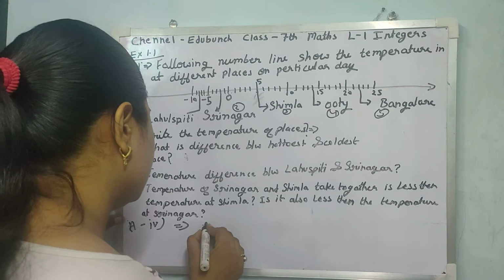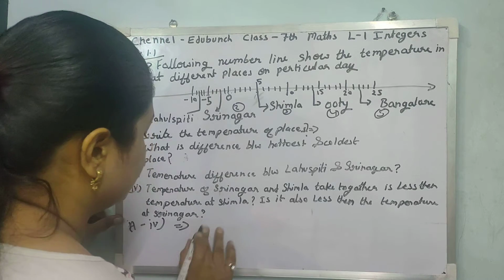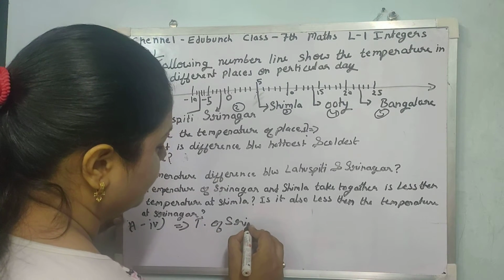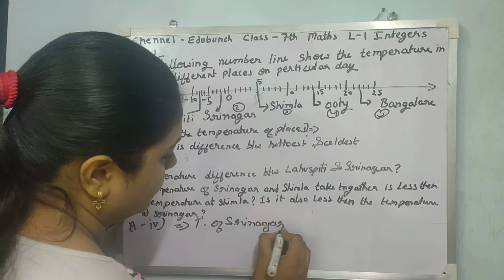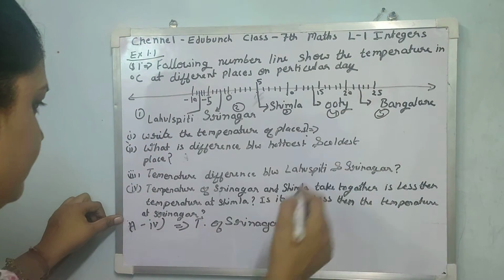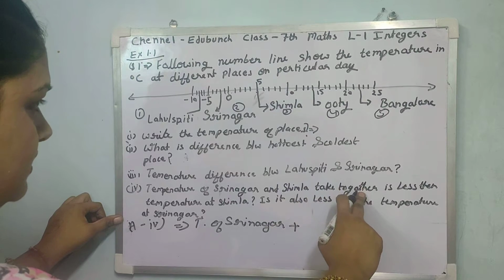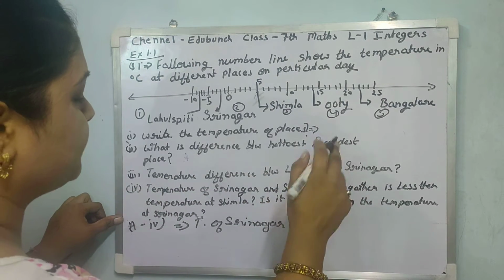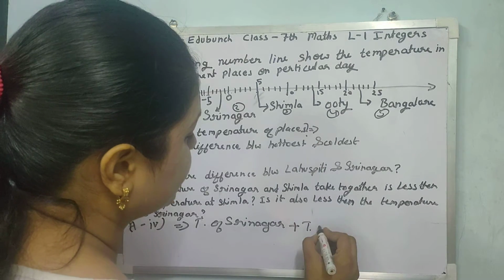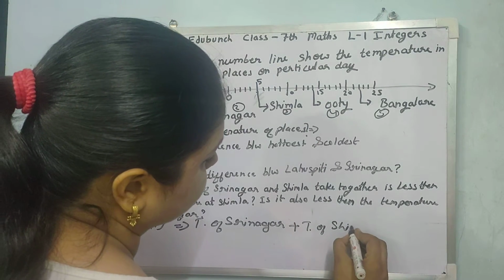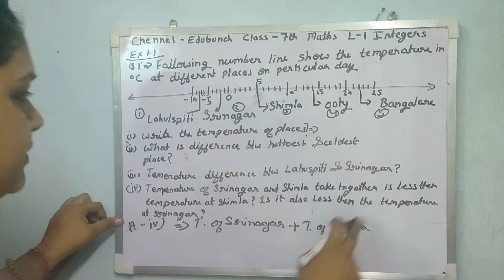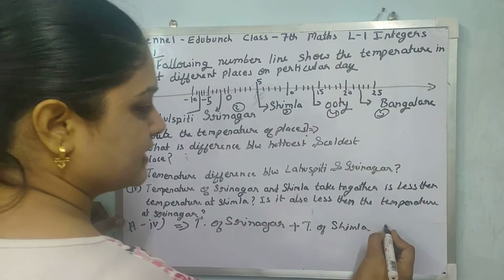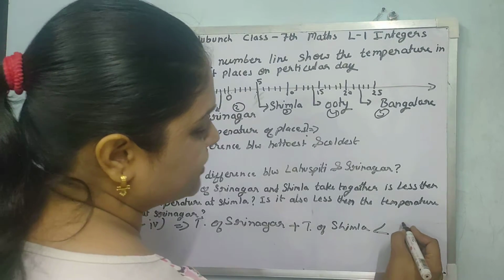It means the temperature of Srinagar plus Shimla, taken together, is less than the temperature of Shimla.